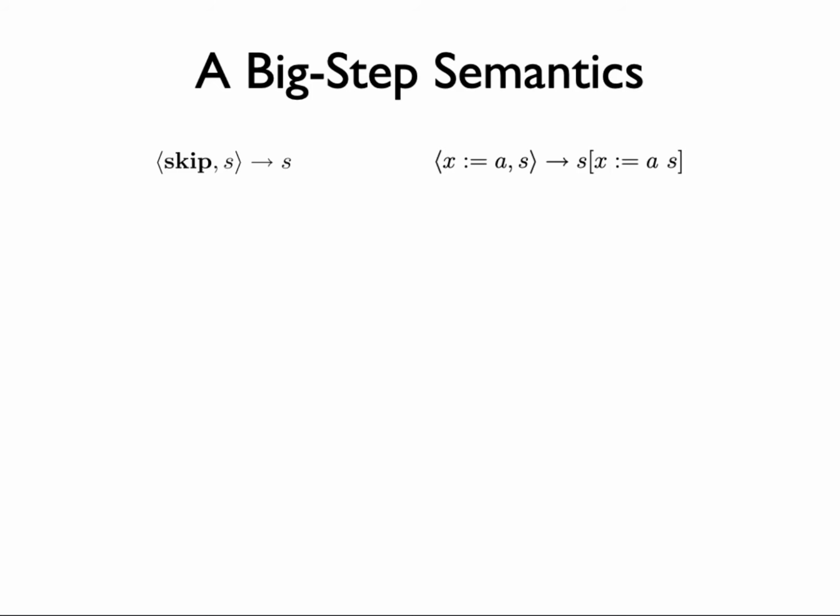Assignment started in state S terminates in a state that has been updated. You can see it is the same state, except, remember the colon equals, and I'm sorry, there are 2 occurrences of colon equals there that mean totally different things. The one on the left refers to the assigned constructor of the previous slide. The other one is the function update syntax, which I did show you in an earlier lecture. So it means that the assignment command coupled with state S will terminate in a modified state where X has been replaced.